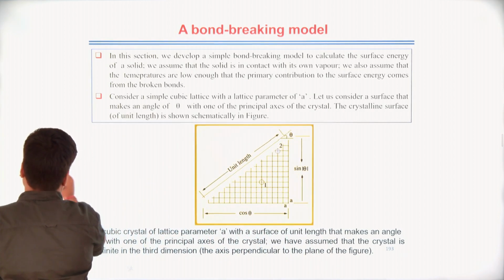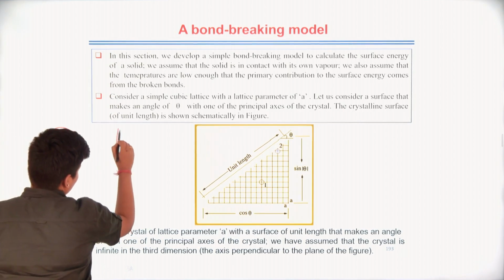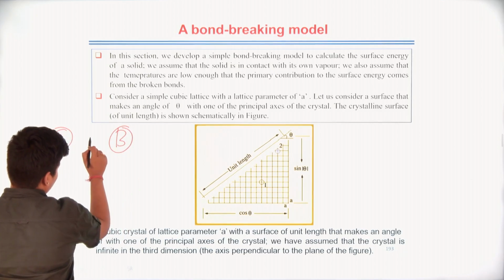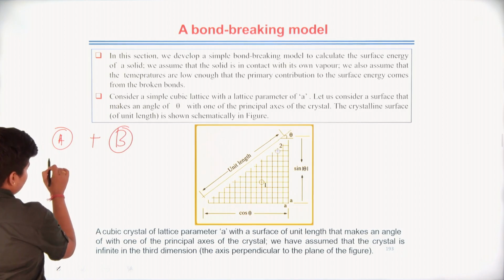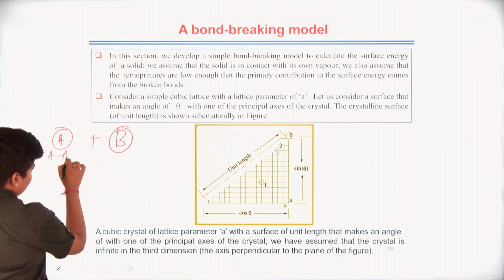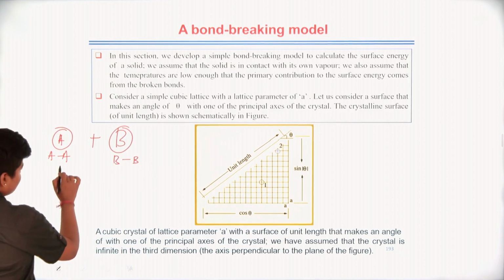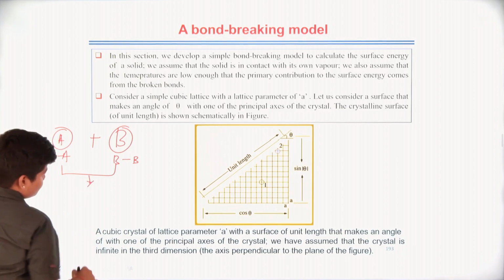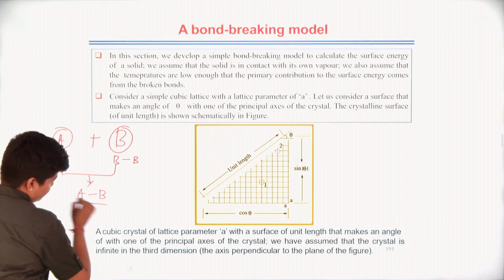Suppose this material is A, and another material is B. In material A there will be AA bonds, and in material B there will be BB bonds. When they are put together, they form a new AB bond.